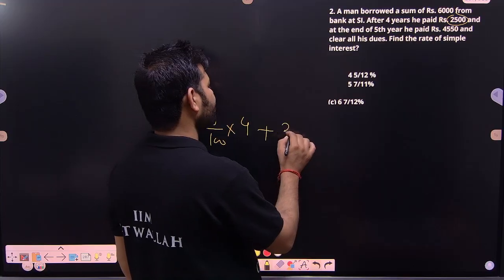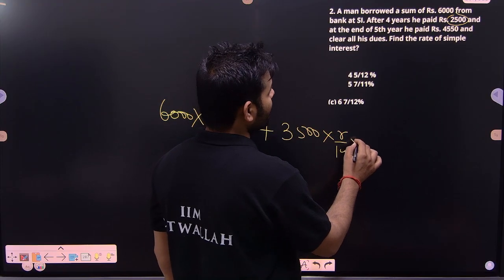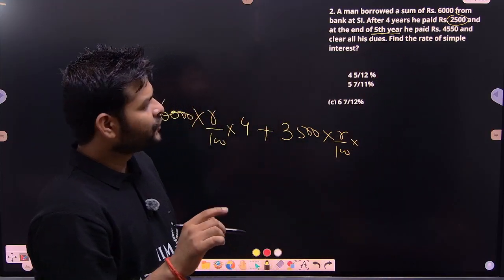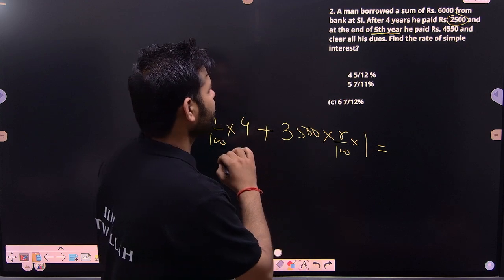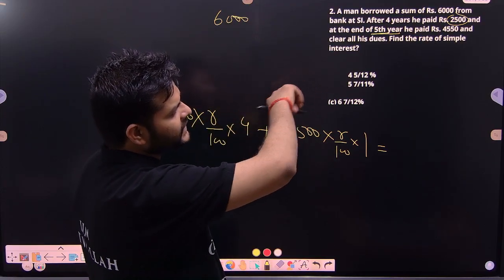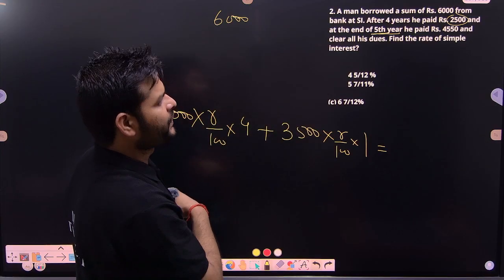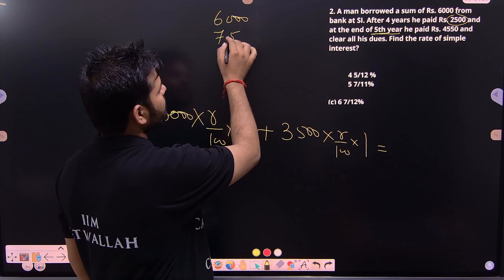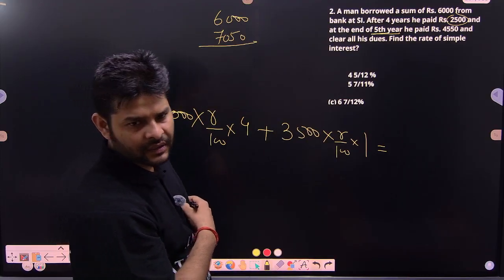On this 3,500, again the bank will charge the rate of interest R for 1 more year, until the end of the 5th year. Now he had taken only 6,000 from the bank, but he is returning 7,050. So 1,050 would be simple interest.